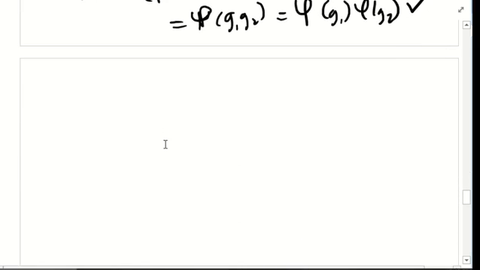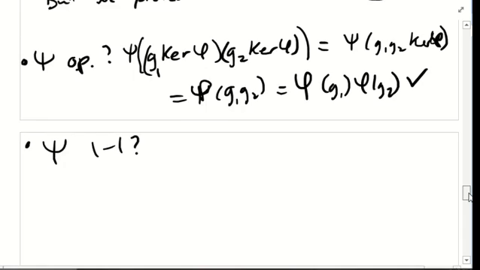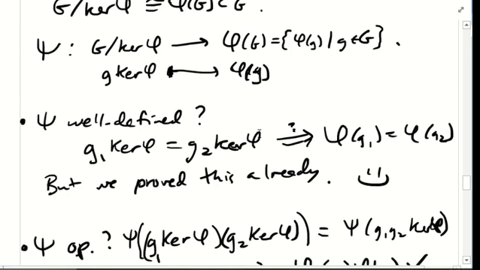Okay. Now, one-to-one and onto. Well, let's show that the kernel is trivial. Okay, what's the trivial kernel? In this case, it would be whatever's in the kernel of psi. It needs to be the coset kernel of phi, right? That's the identity in this factor group.